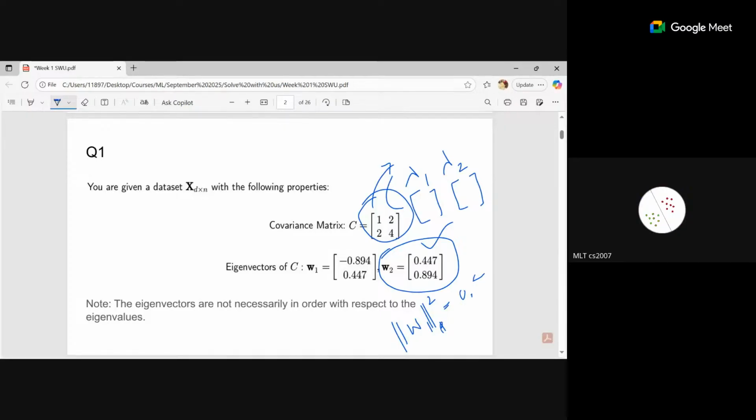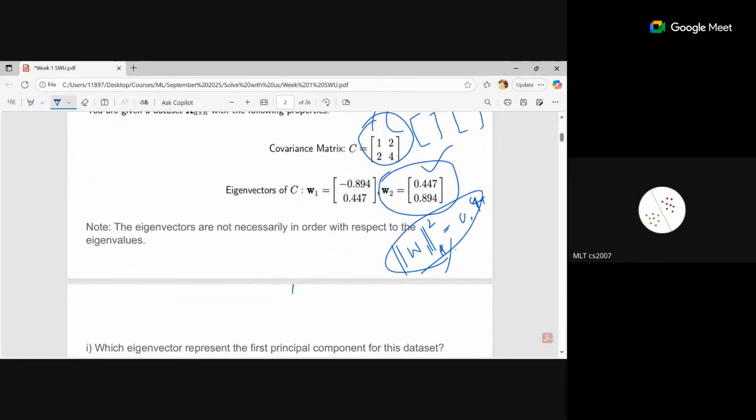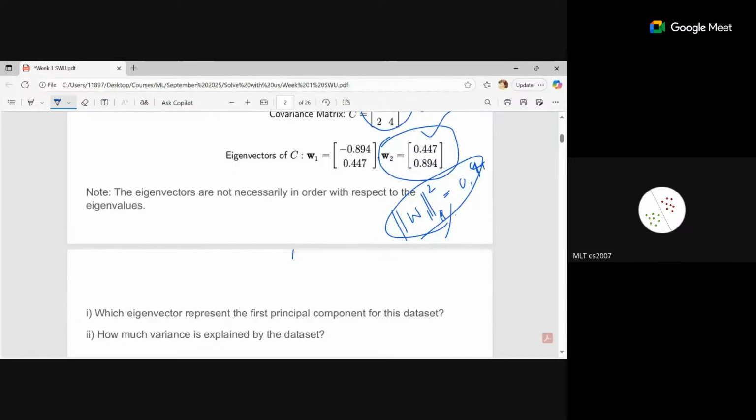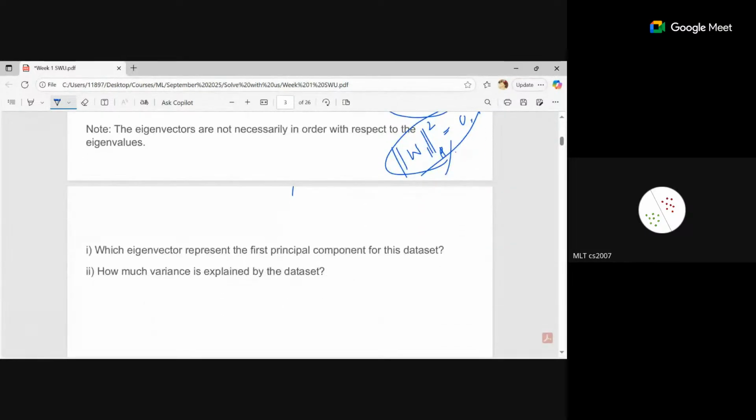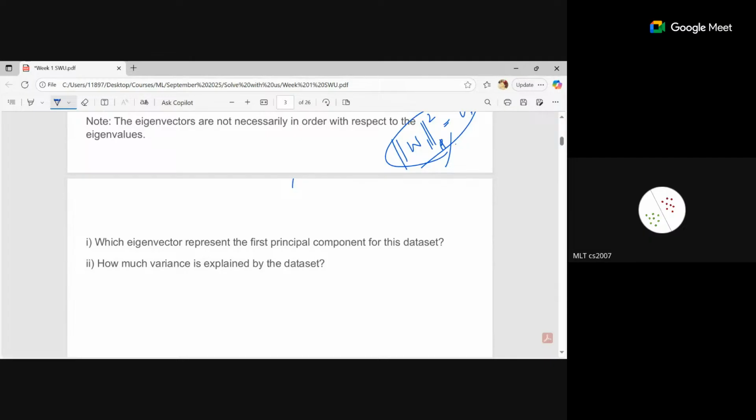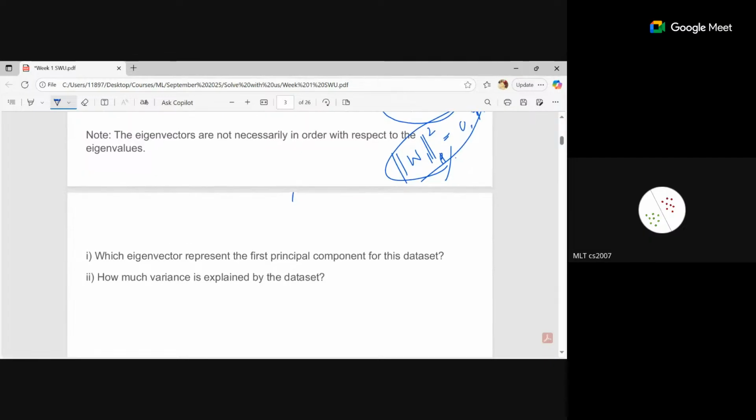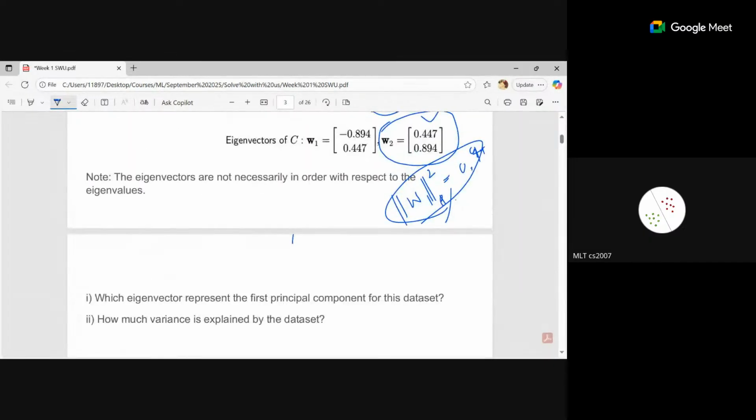So we assume that this is equal to one. For this problem only, it is one. Okay. And even in the lectures, we are sticking to the length of W being one, so we'll stick to that equation.